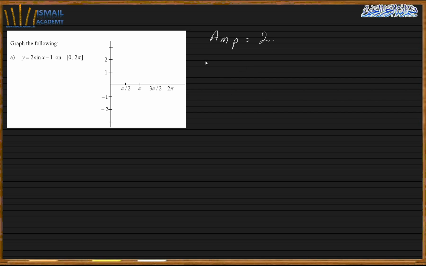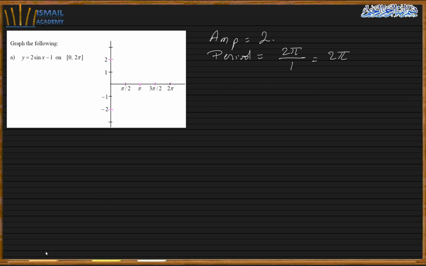And the period is 2 pi divided by the coefficient of x, which is 1. So it's going to be just 2 pi. This is my period. They already give me the graph. So here this is my amplitude, I have 2 and minus 2. This is my period, so I divide the period into 4 equal pieces, and it's already done.